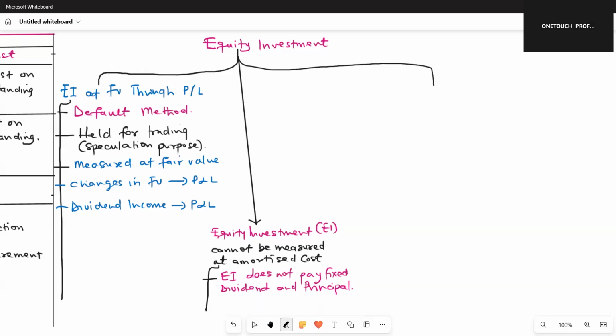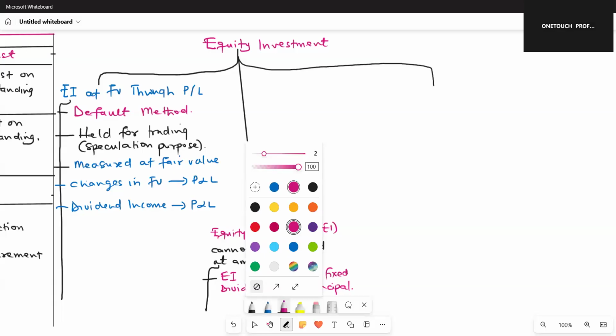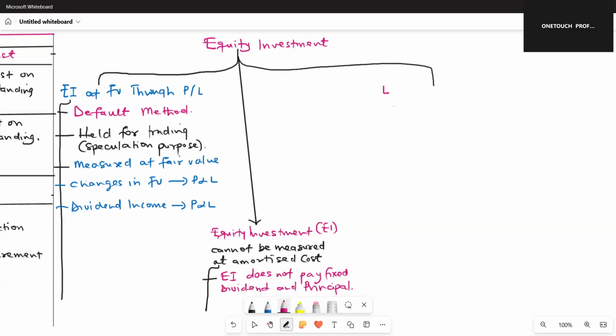So on what condition are you going to have equity investment at fair value through OCI?